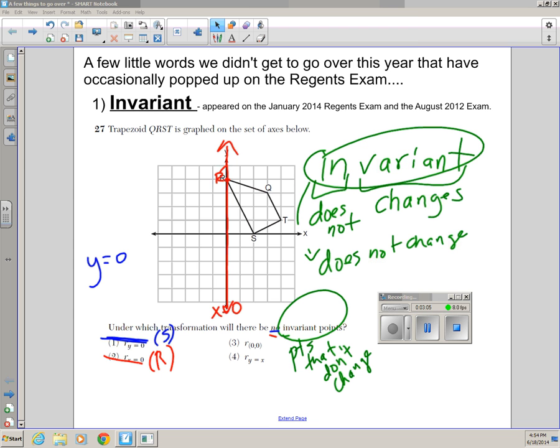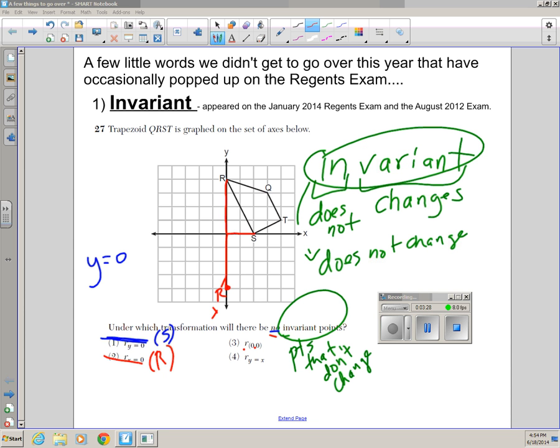Okay. This one, r sub (0, 0), is a point reflection through the origin. Little r is a reflection, (0, 0) is through the origin. So if I reflect all these points through the origin, they're all going to go somewhere. R is going to become R prime, down here.